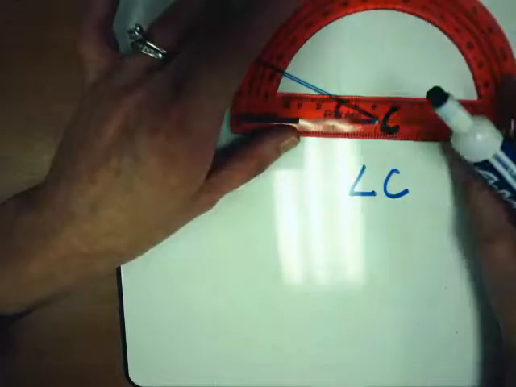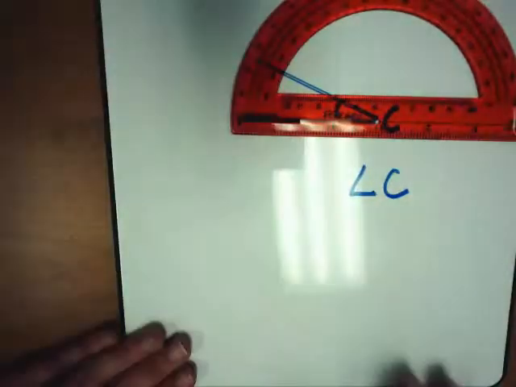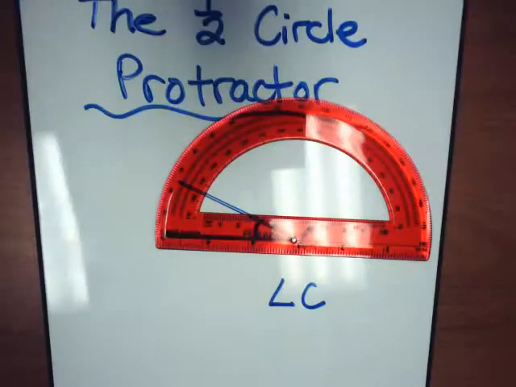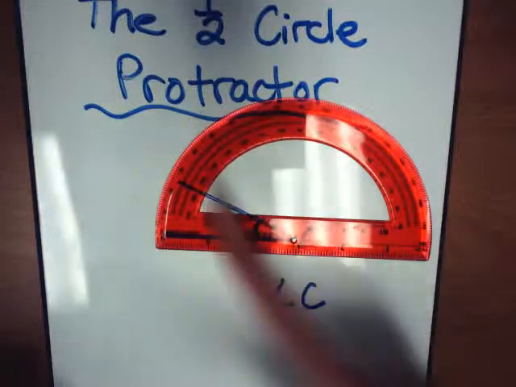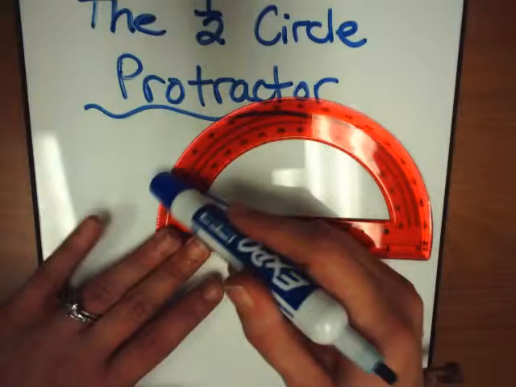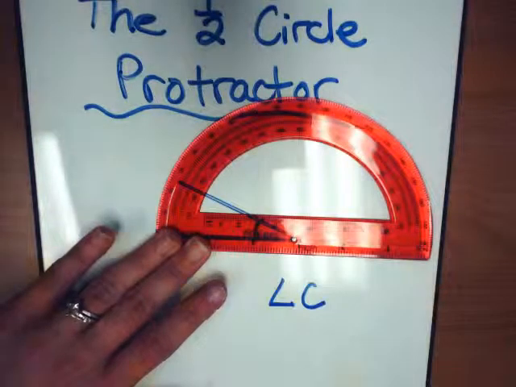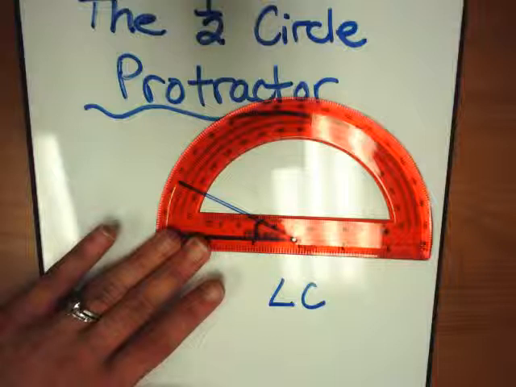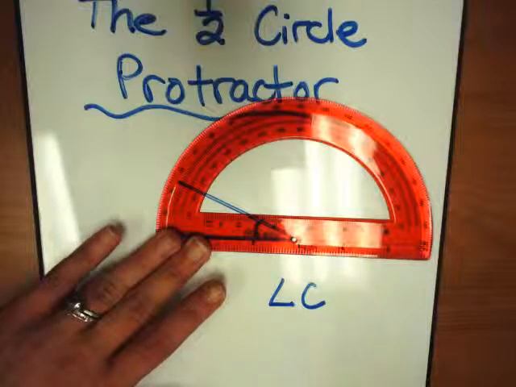And when we did the full circle protractor, we had to be very, very careful about making sure we were measuring clockwise. With a half circle protractor, we don't need to do that because my numbers go in both directions, depending whether I'm looking on the outside numbers or the inside numbers. So it's really important that we look to determine whether our answer is reasonable, okay?